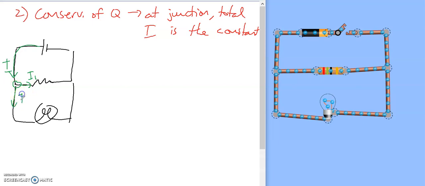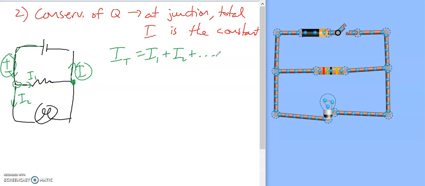Some current goes down to the light bulb; I'll call that current 2. If I add those two currents, they should give me my total current that was over here. And when they recombine over here, that total current should also be the same. So the total current is equal to the sum of the currents put together.